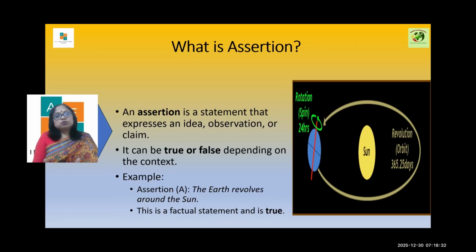It can be true, it can be false, depending on the content and how we want to test the student, what concept we want to check on the student. So here is an example given. The earth revolves around the sun. This is the assertion, and we know this is a fact and it is true.